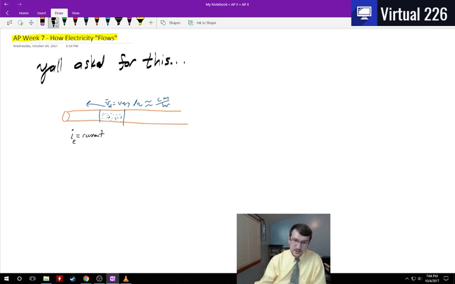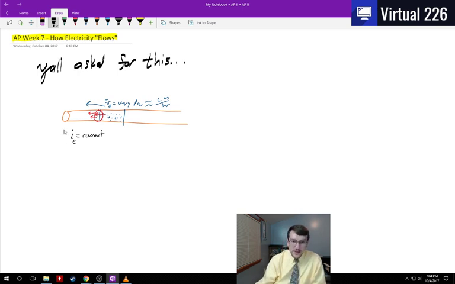Let's pretend that we want to see how many electrons are passing through this cross-sectional area. So we've got a bunch of electrons here, and there's some cross-sectional area here that they're all passing through. We can almost imagine this is a pseudo-Gaussian surface, but let's just imagine it's a cross-sectional area.